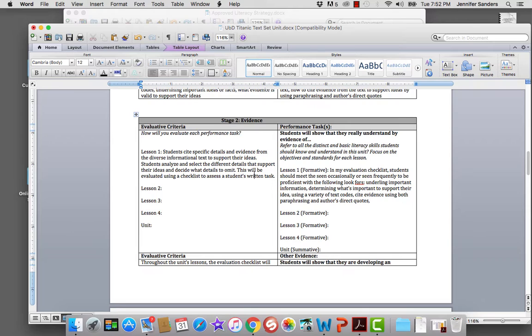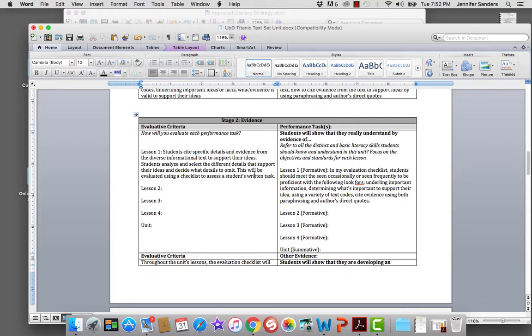Of course, you can check out the other ones. If you notice, on page 99, I see my text codes from when I modeled for you how to text code, the text code strategy. So this goes great with what I've already taught the students on text coding.